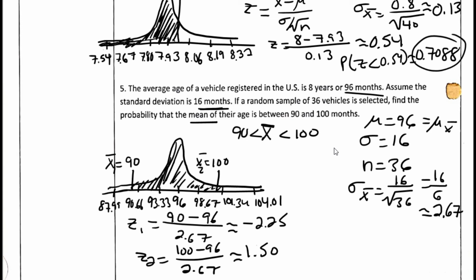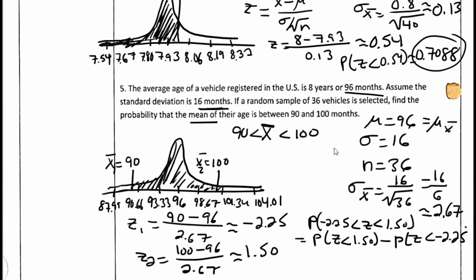So now we're going to look up the z-scores, right? To actually calculate the area between 2 z-values, we take the z-value for 1.50, and then we subtract the z-value for less than the other one.